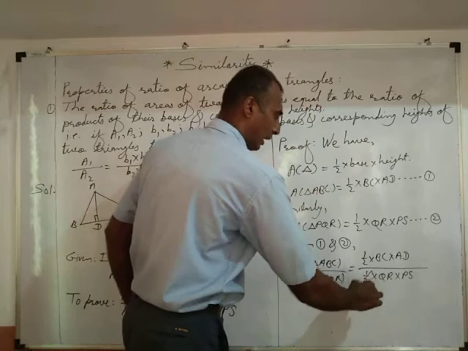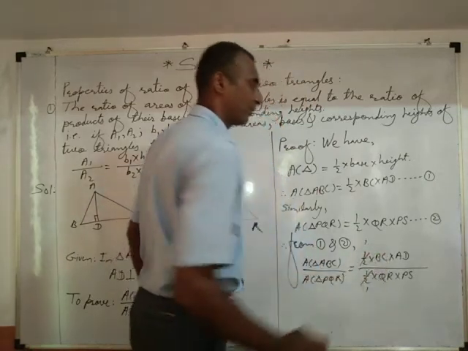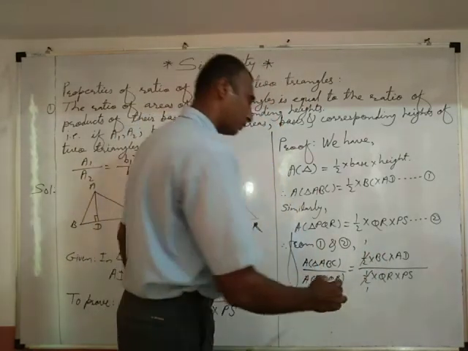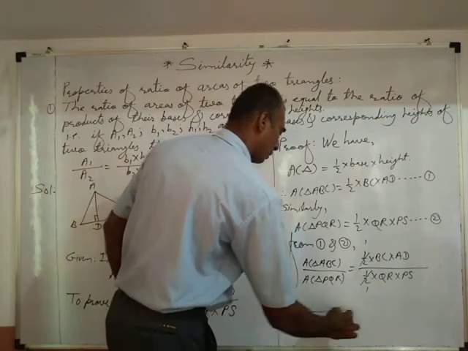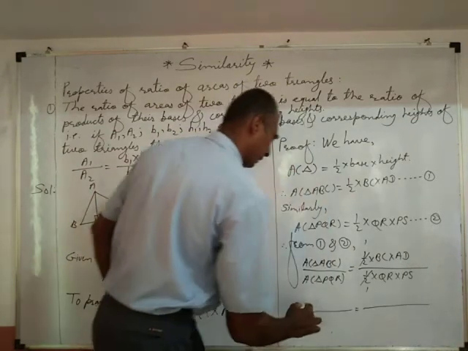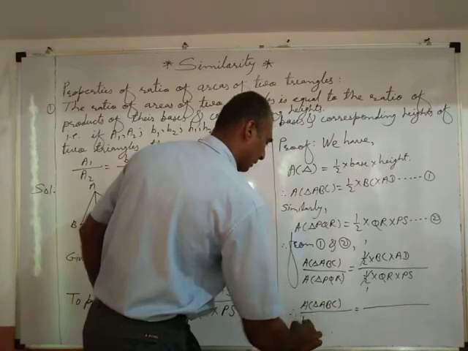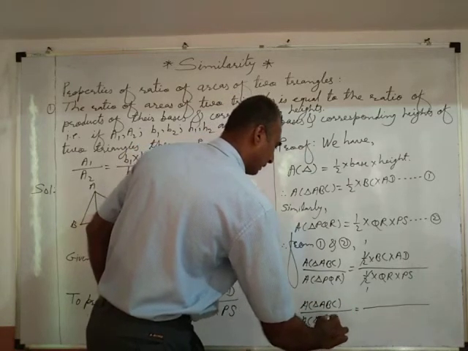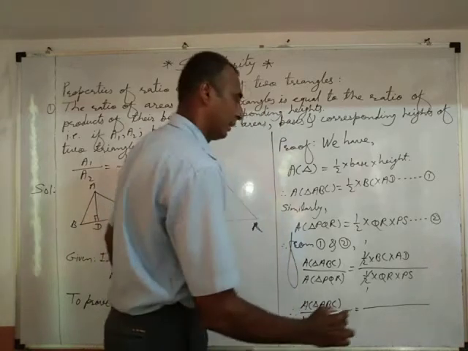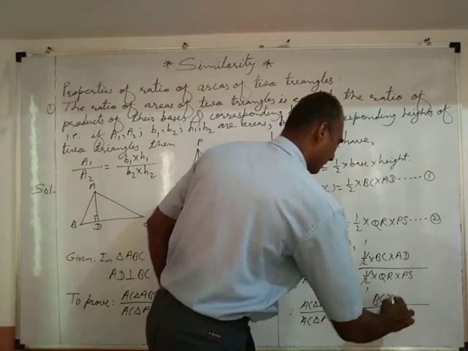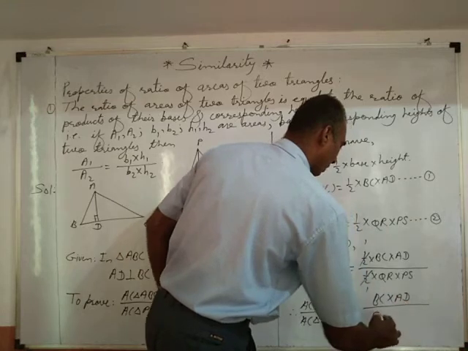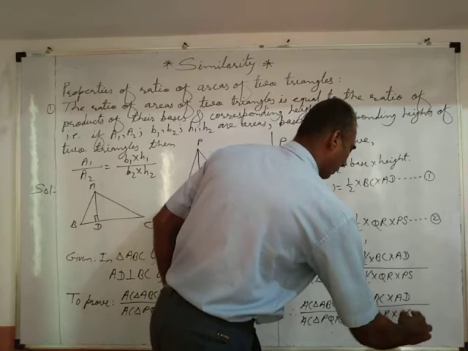Now half cancels with half, and therefore area of triangle ABC upon area of triangle PQR equals BC into AD upon QR into PS.